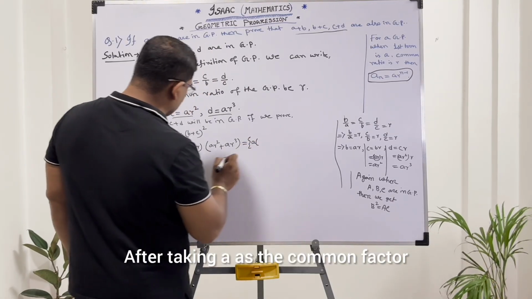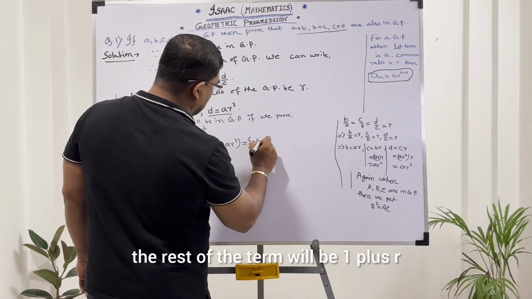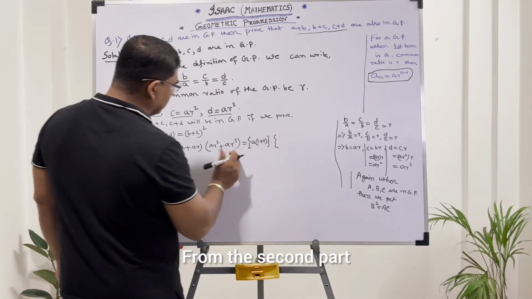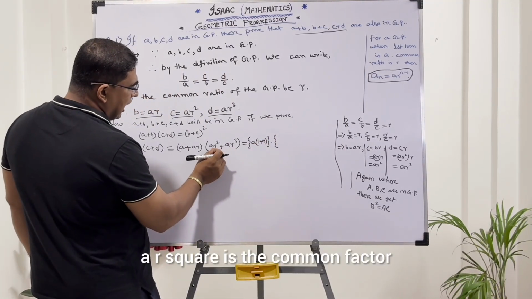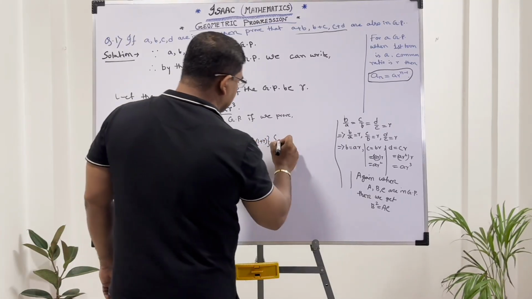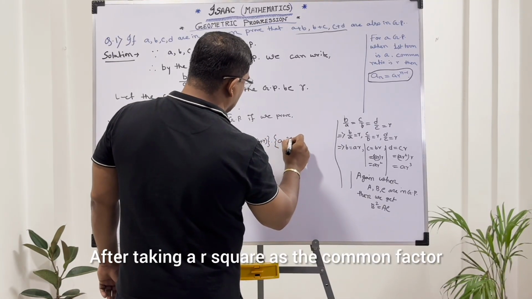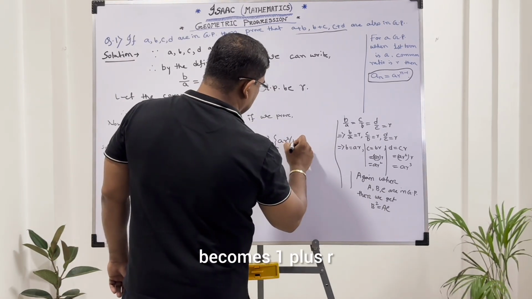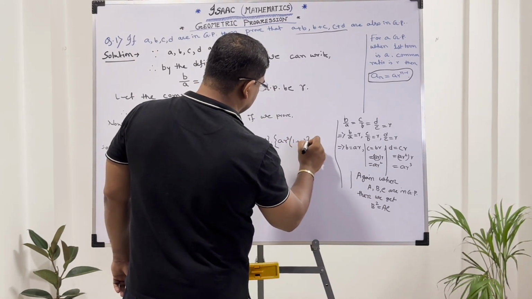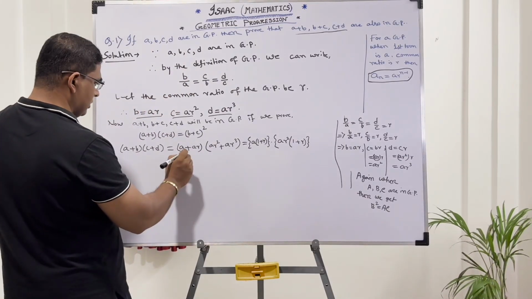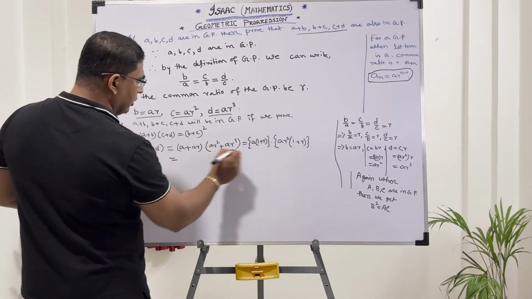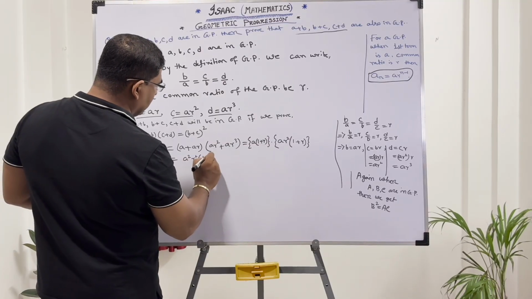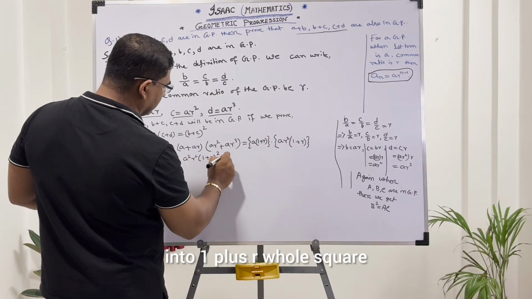After taking A as the common factor, the rest of the term will be 1 plus R. From the second part, AR square is the common factor. After taking AR square as the common factor, the rest of the term becomes 1 plus R. After multiplying, we get A square R square into 1 plus R whole square.